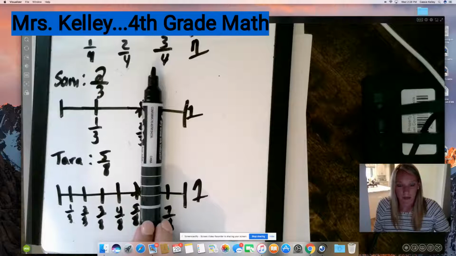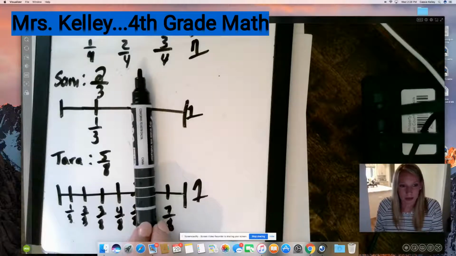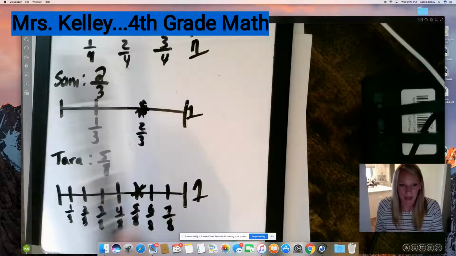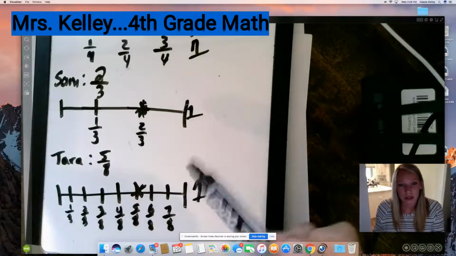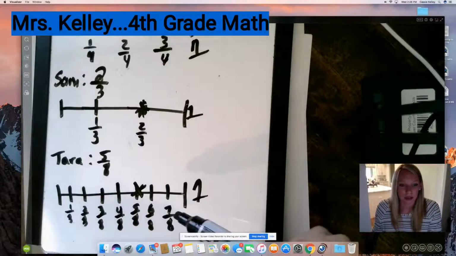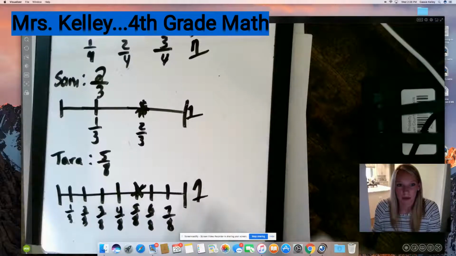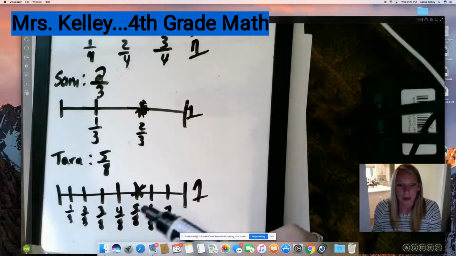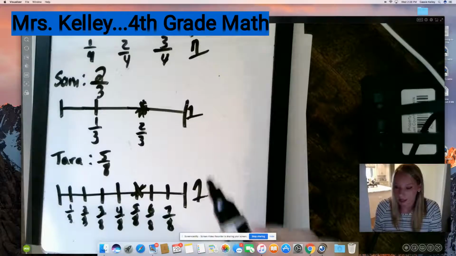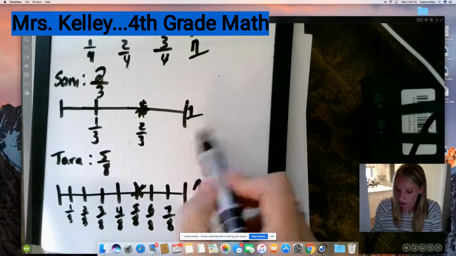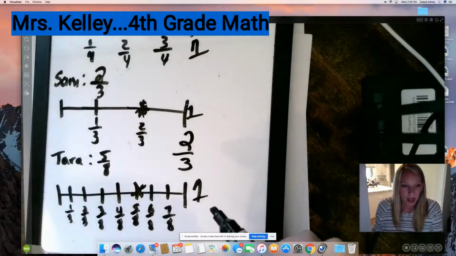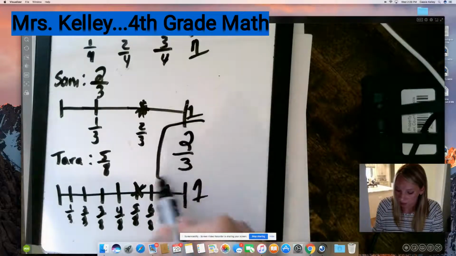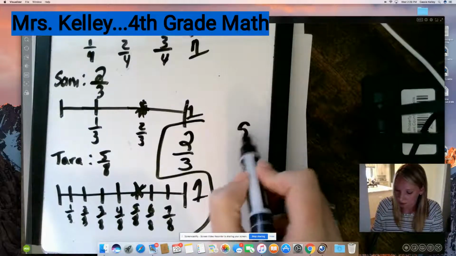Now, when we're drawing number lines, it's very easy to make mistakes, so I just want to double check my answer here. A way that I can do that when I have marks on my number lines that are really close together and I'm having a really hard time comparing them is I can take my two fractions. In this case, I have Sam at 2/3 and I have Tara at 5/8.